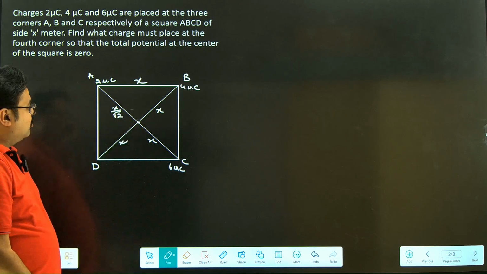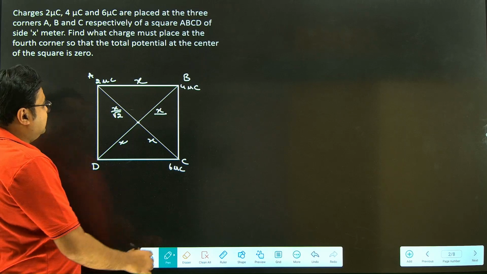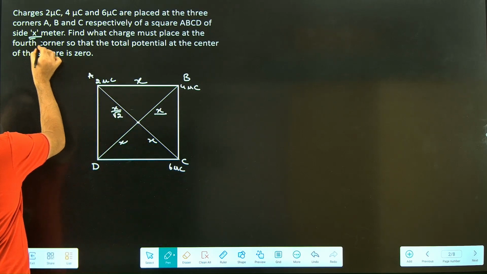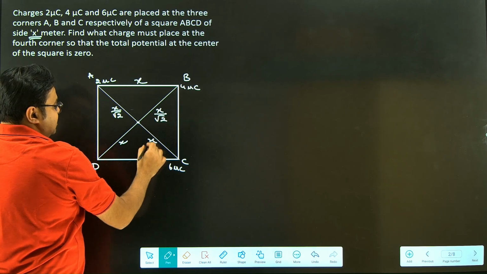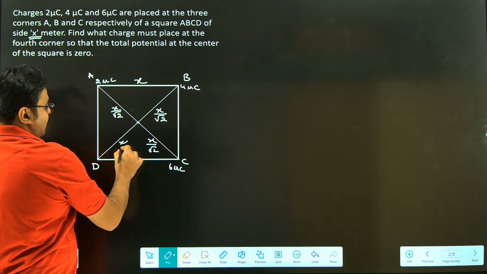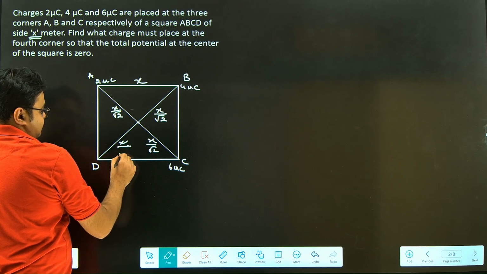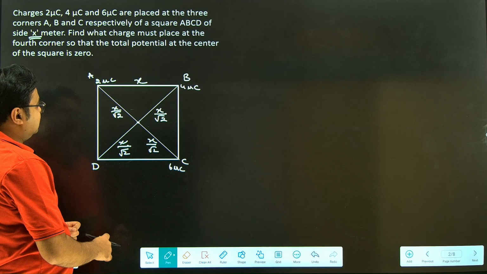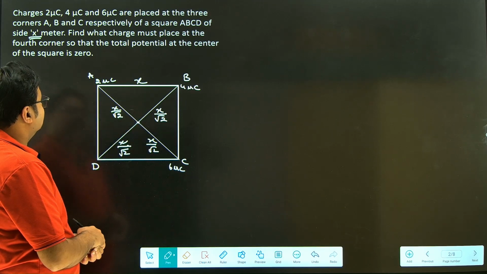Since the question says the side of the square is x meter, each one of these would be x by root 2. This x by root 2 can be written as r if you like, but we shall continue to write it as x by root 2.